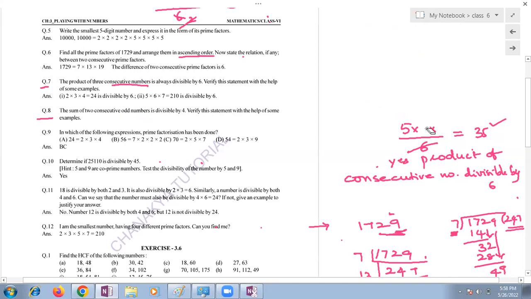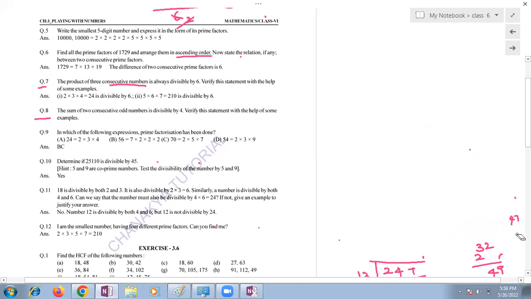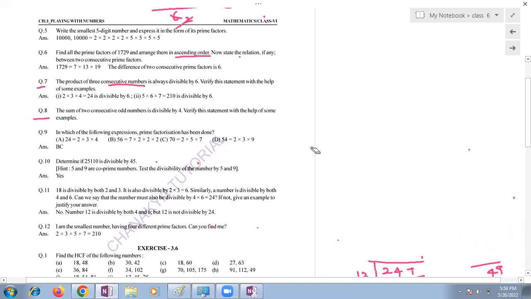Put your consecutive odd numbers in the chat box. Everyone should give, because I need to see how many of you are aware of consecutive odd numbers.